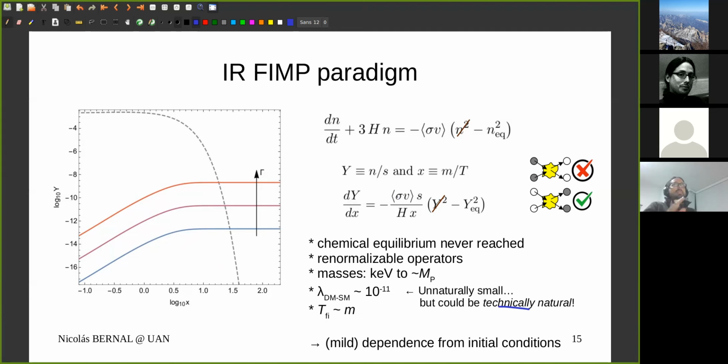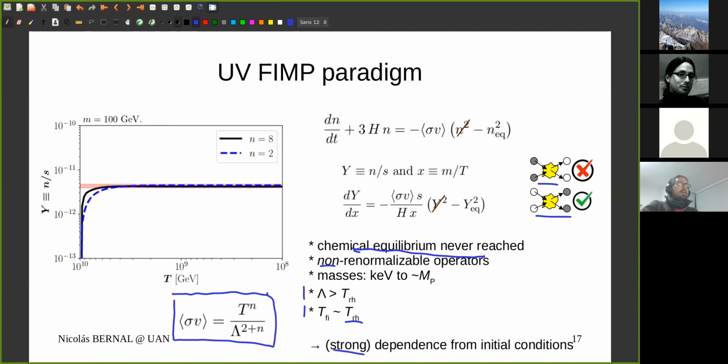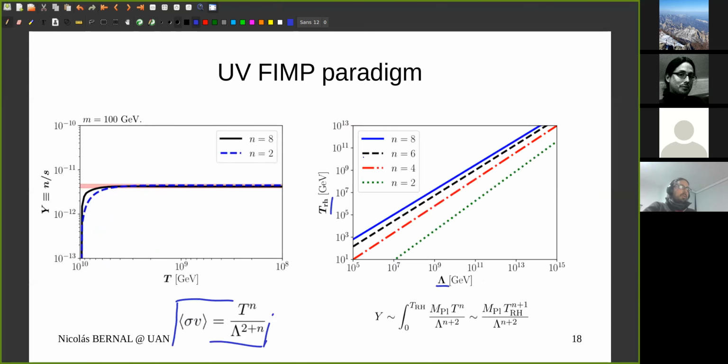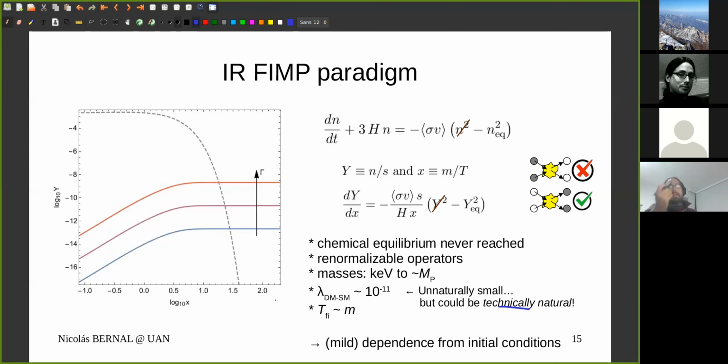The ultraviolet case is much simpler because typically it's just a power law, T to some power. However, in the infrared, it's typically a complicated function of temperature. But it is exactly the same computation that you do for the WIMP case. Okay, thank you.